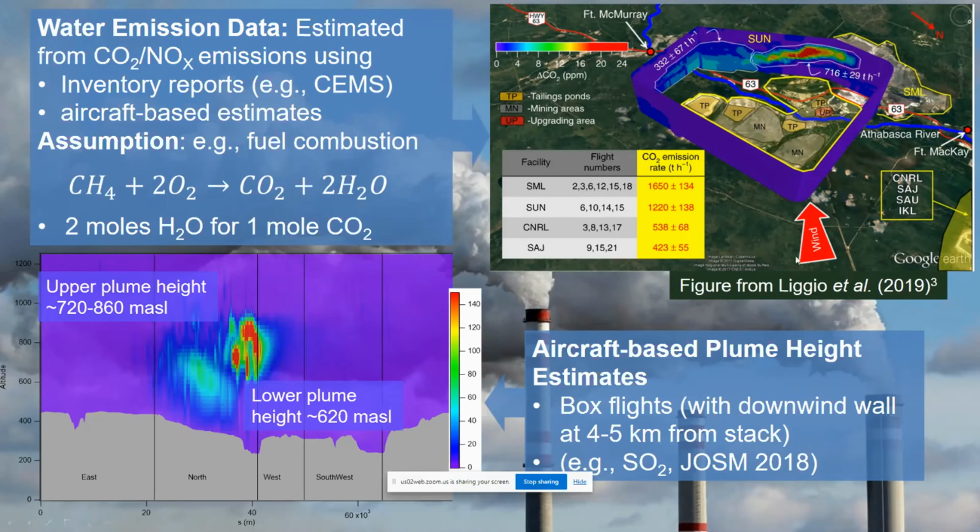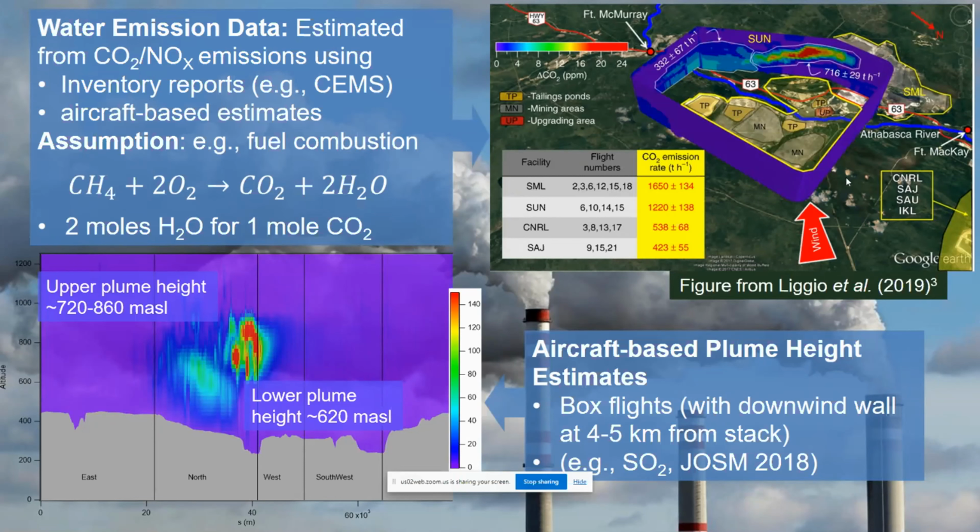So for example, I'm showing here an example of aircraft top-down retrievals where aircraft would fly in what is called a flux box or box flight around the emission sources, and makes measurements at different vertical altitudes and then those measurements are translated into emission rates for the within-box sources.